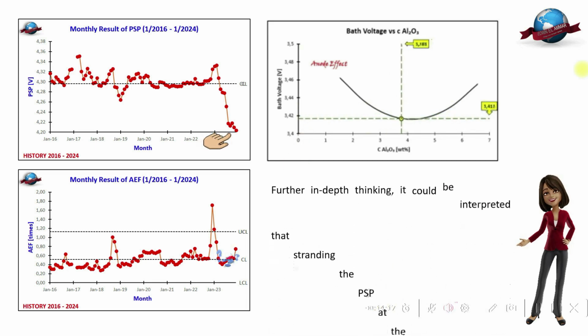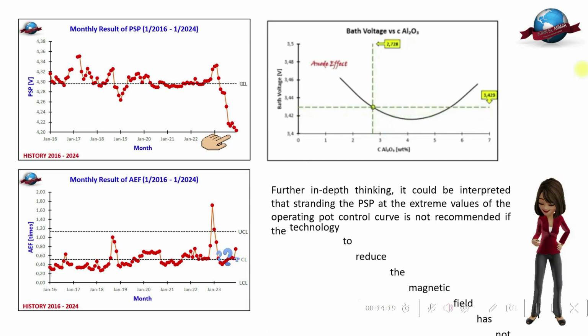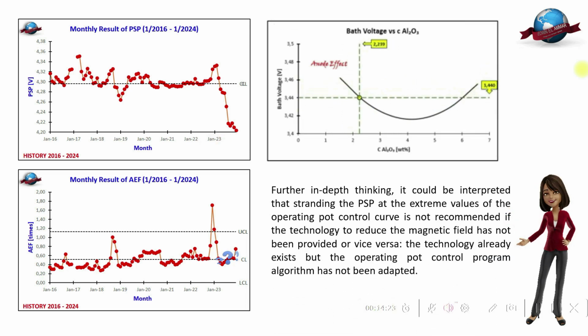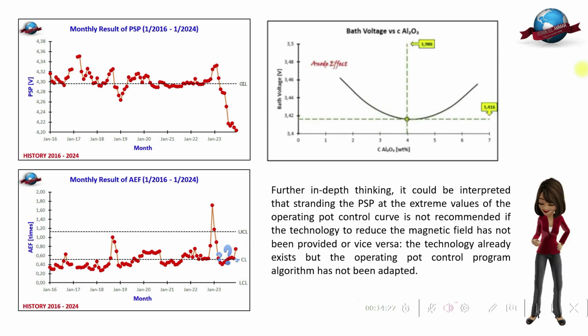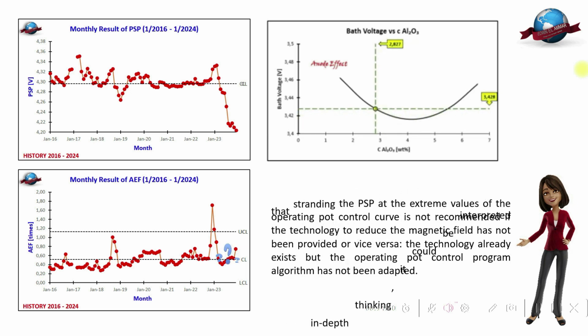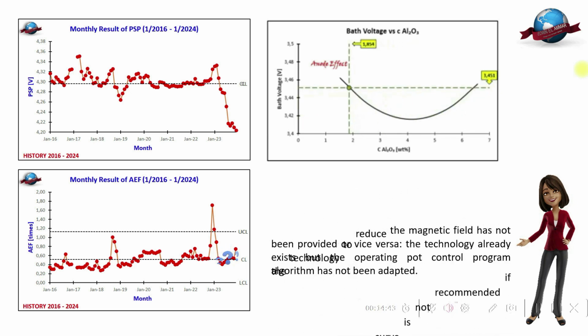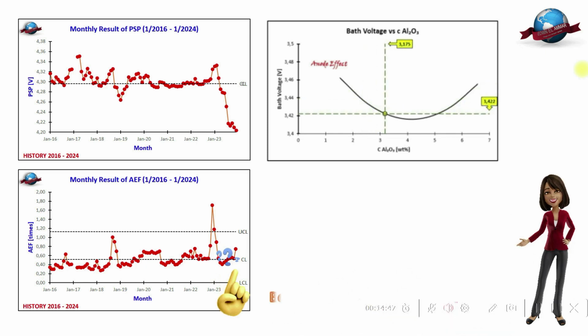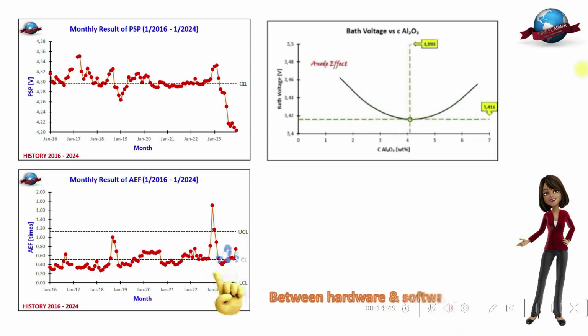Further in-depth thinking, it could be interpreted that stranding the permanent set point at the extreme values of the operating pot control curve is not recommended if the technology to reduce the magnetic field has not been provided, or vice versa: the technology already exists but the operating pot control program algorithm has not been adapted. Hardware and software should be well integrated.